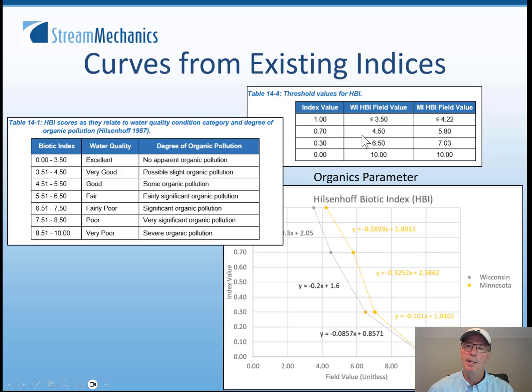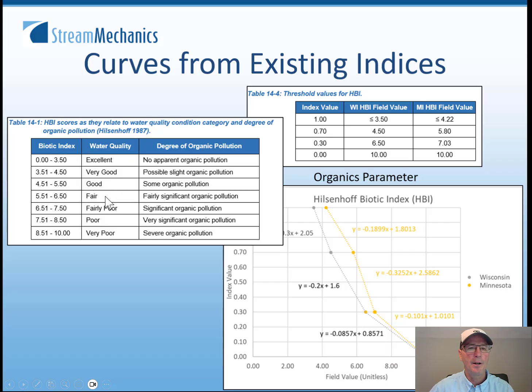The point I want to make when you're doing your thresholds, I'm not going to go through this one in as much detail, is that often these indices have more categories than functioning, at risk, and not functioning. So as a technical team, you have to look at these categories and say, how do we want to redo these ranges to fit functioning, at risk, not functioning. So you may say we want excellent, very good, and good to be functioning.